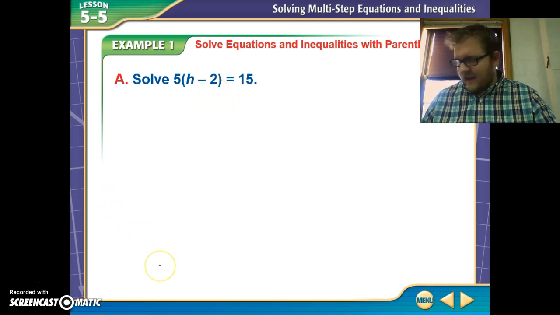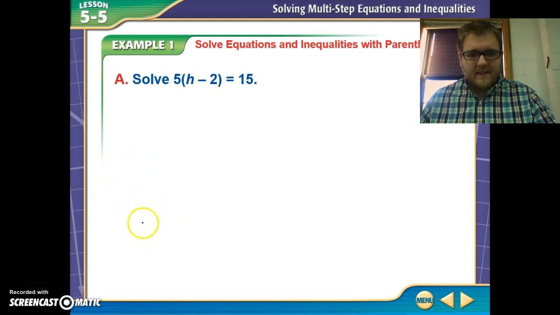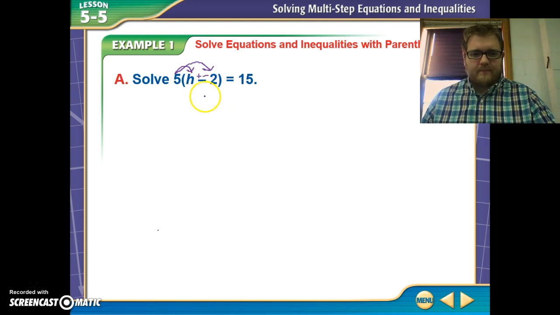When I see a number multiplied by a set of terms in parentheses, I'm going to use the distributive property. So let's distribute the 5 to the h and also to the negative 2. Remember, you're looking at all these terms that you're adding together. So let's remember that we're adding a negative 2 whenever we subtract it.